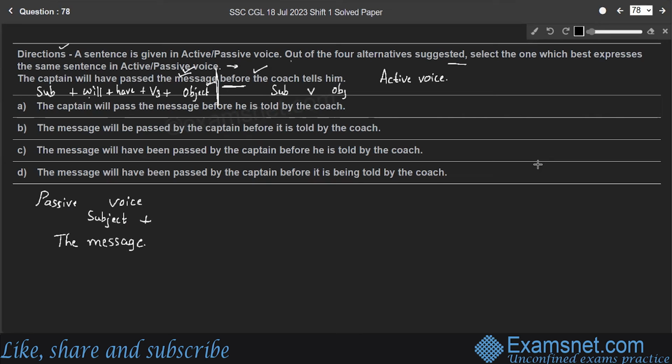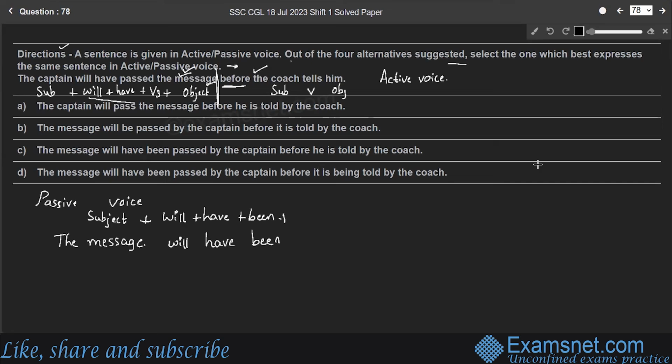In the active voice it was will have, so it becomes will have been. So the message will have been.